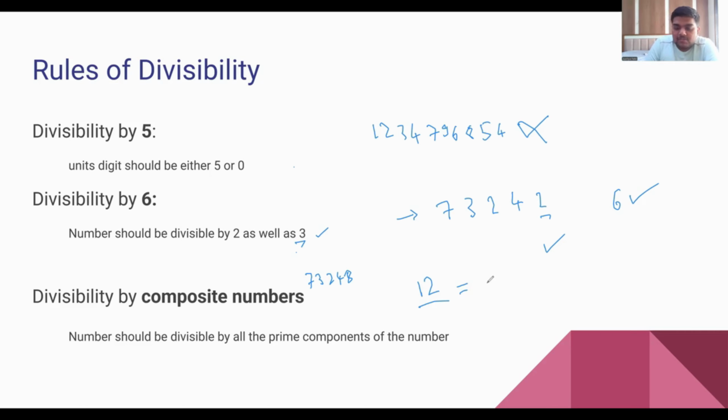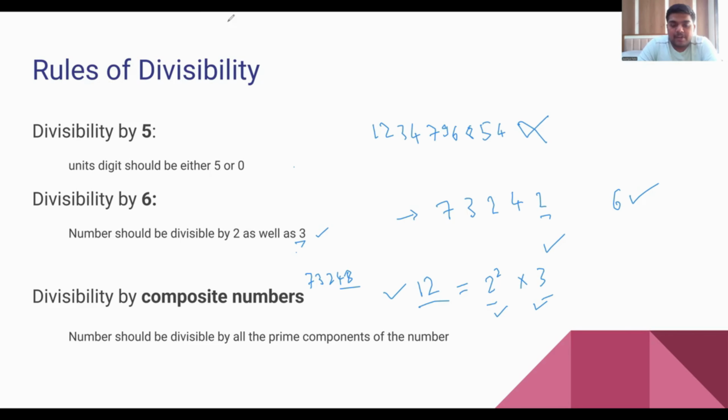So 12 is equal to 2 square into 3. Divisibility by 2 square can be checked by checking the last two digits, 48. 48 is divisible by 4. So it is valid. And divisibility by 3: 7 plus 3, 10. 10 plus 2, 12. 12 plus 4, 16. 16 plus 8, 24. So it is divisible by 2 square as well as 3. So it is divisible by 12.